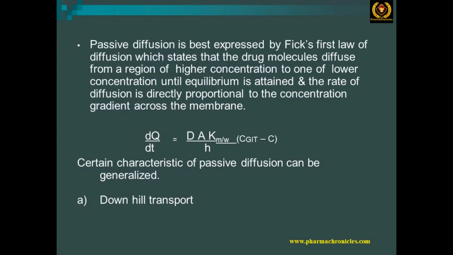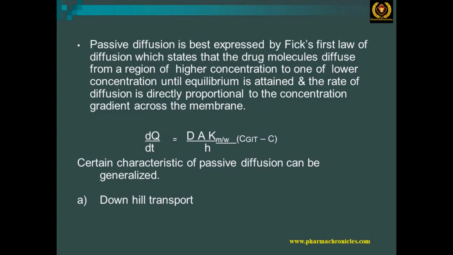Passive diffusion is best expressed by Fick's first law of diffusion, which states that drug molecules diffuse from a region of higher concentration to one of lower concentration until equilibrium is attained, and the rate of diffusion is directly proportional to the concentration gradient across the membrane.